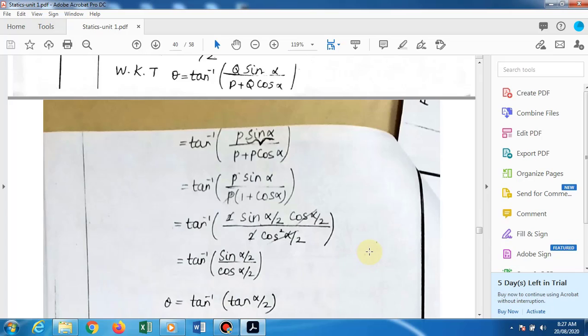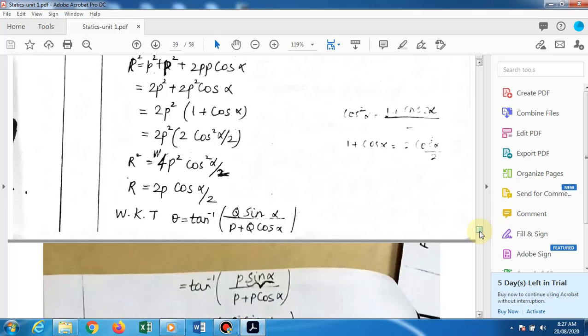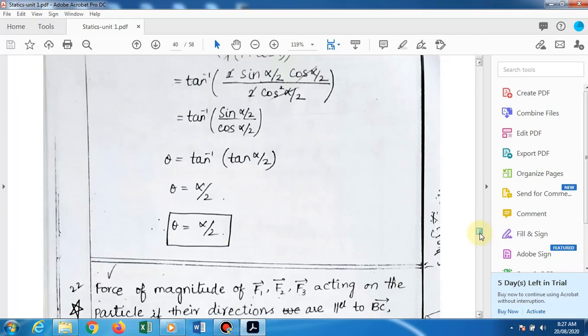Tan inverse and tan cancel, so theta is equal to alpha by 2. That's all, hence the proof.